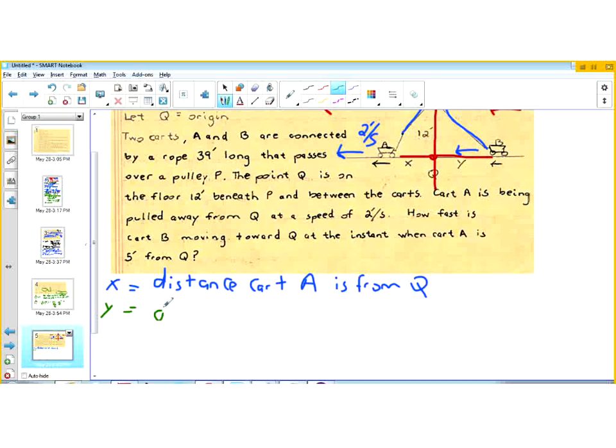So x is the distance cart A is from Q, and in the illustration I also show y, not to be confused with the coordinate axes.